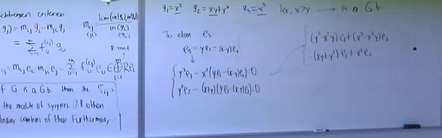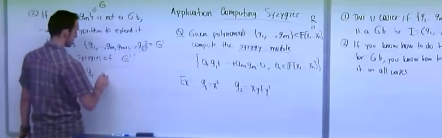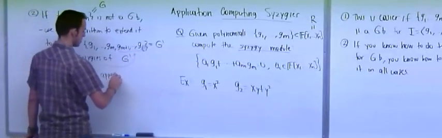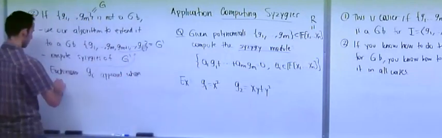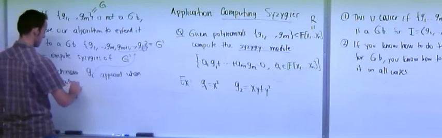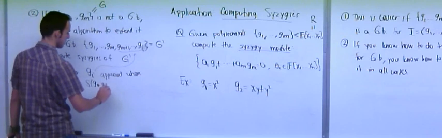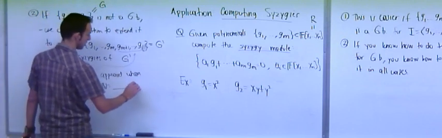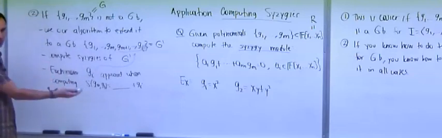So you compute syzygies of G prime, and then you say, well, each new GI that appeared out of these guys appeared when computing some S of GA comma GB, and then you got some big thing, and then plus GI, and so you just use that to express GI in terms of the other guys.